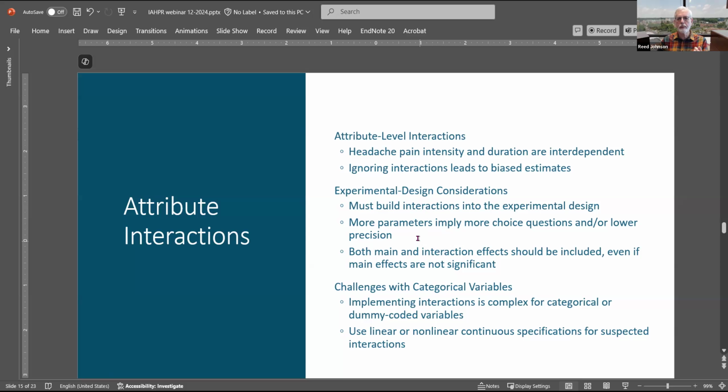This particular experimental design did not do that. One consequence of estimating interactions is that you're going to have more choice questions to estimate the same statistical accuracy.